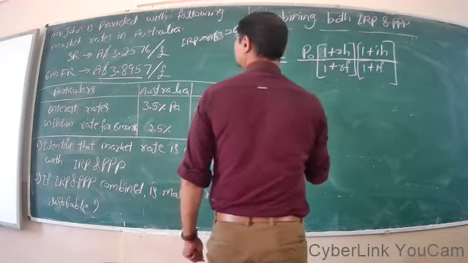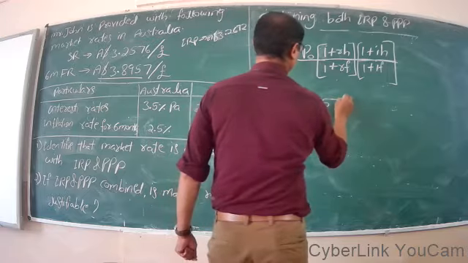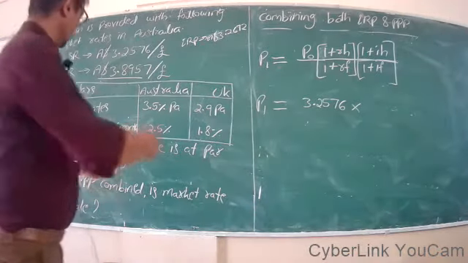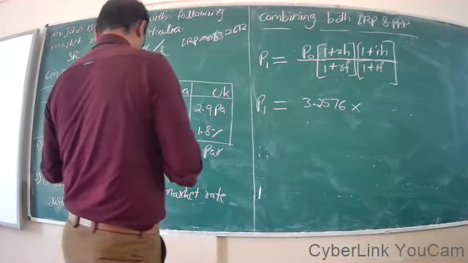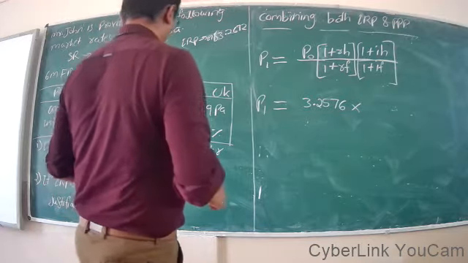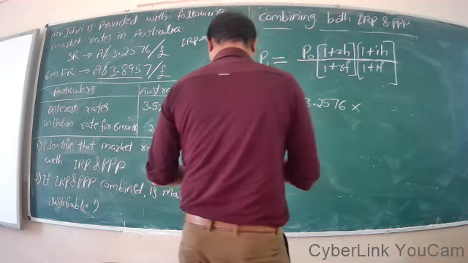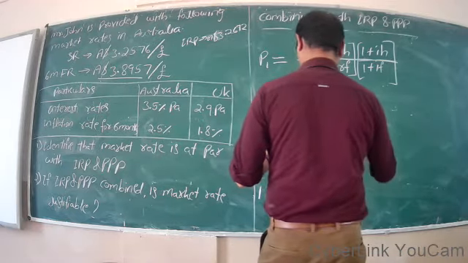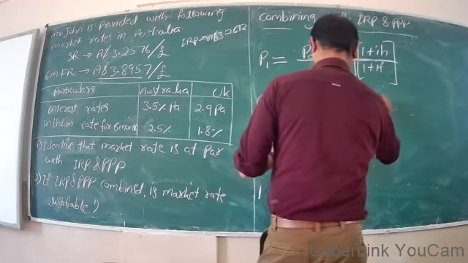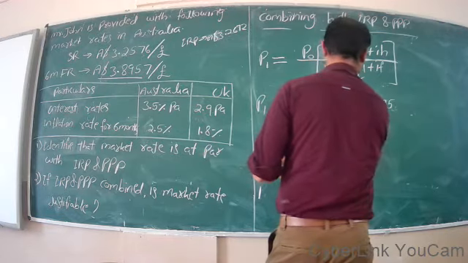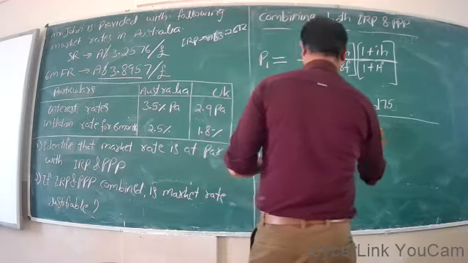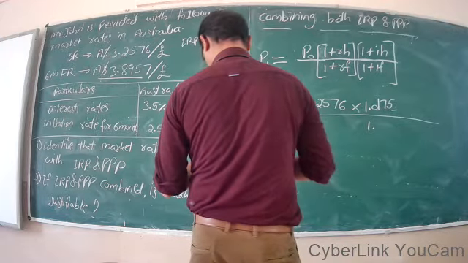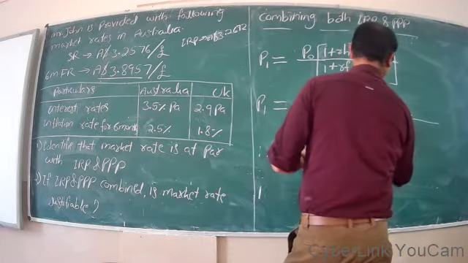So P1 is equal to P0, 3.2576, multiplied by the rate of interest in home country, 1.0175, divided by 1.0145.